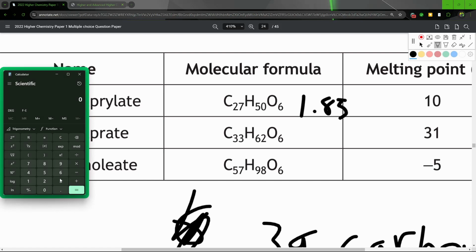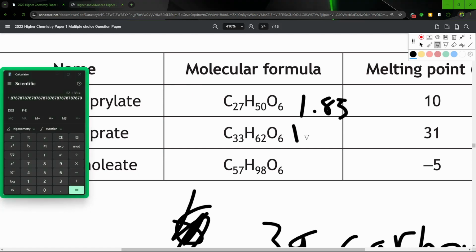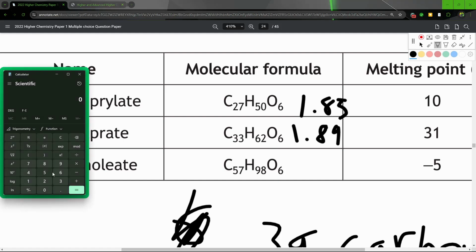And the same here, we're going to have 62 divided by 33. That means we've got a certainly similar number there. Each carbon atom is 1.89 hydrogen atoms, and then for the bottom one, 98 divided by 57.